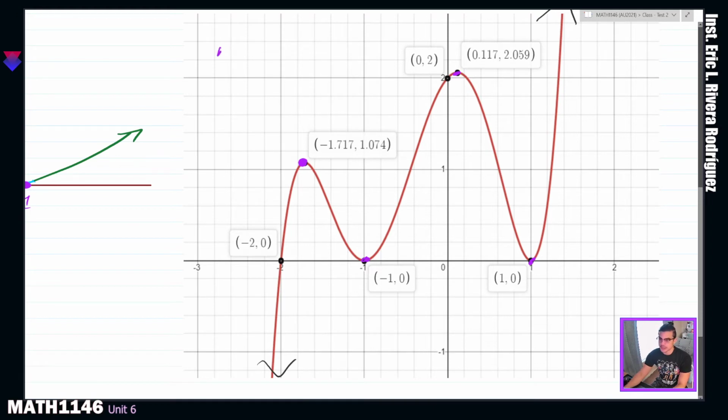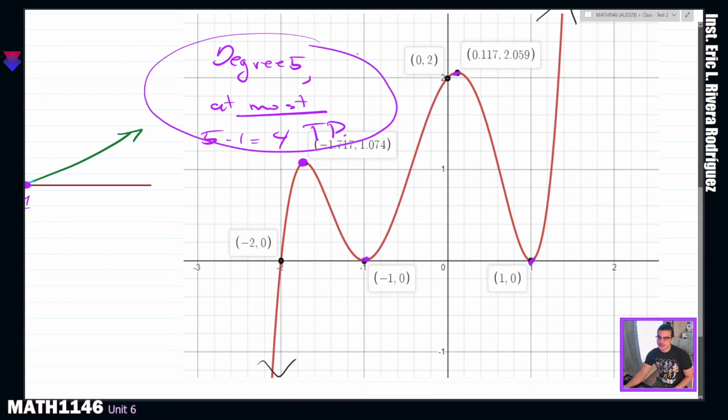Now, if we know the degree is 5, then at most 5 minus 1, which is 4 turning points. Okay. This is a relation between the degree and the number of turning points that you need to know. The degree is 5, at most 4 turning points. If we have 4 turning points at least, the degree is going to be 5. Okay.